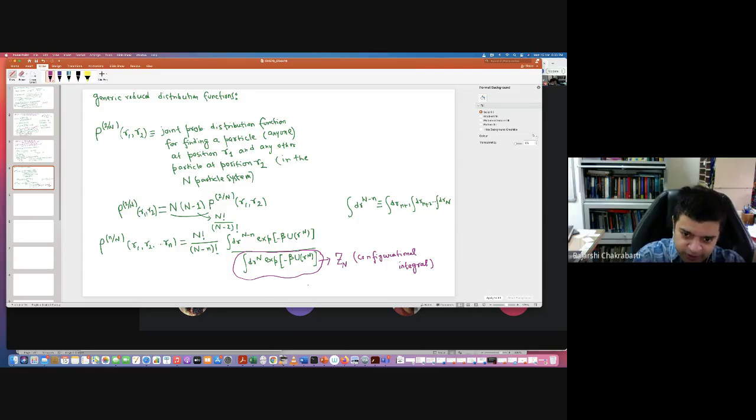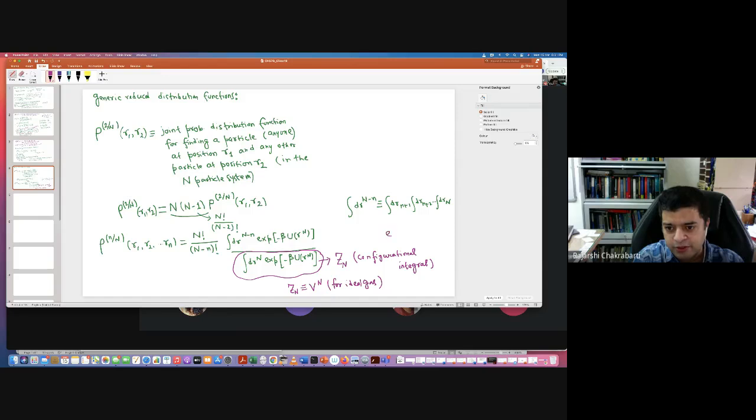So Zn is equal to V to the power of N for ideal gas, isn't it? Each integral gives you V, and there are N such integrals. Because what is going to happen?